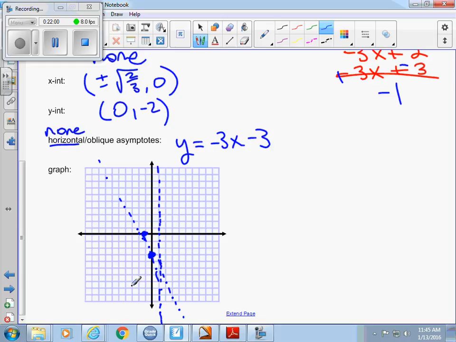Okay, y-intercept is (0, -2). And remember these, let me use a different color now that I'm done with asymptotes. The red is the actual graph. Plus or minus 0.8.